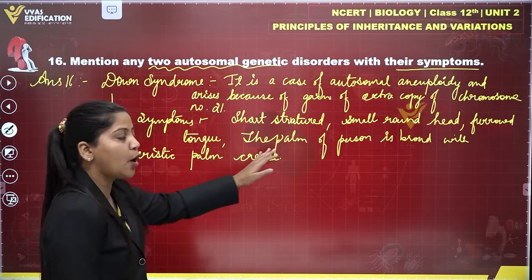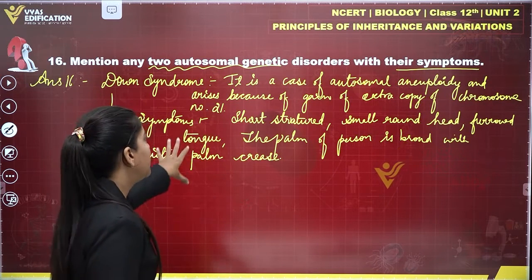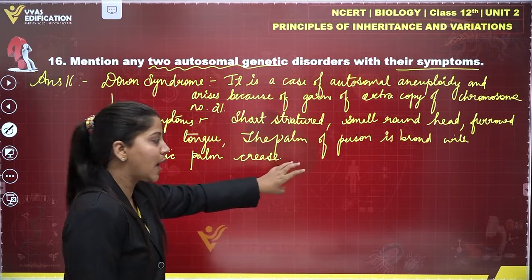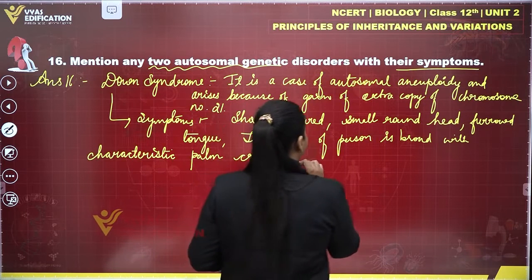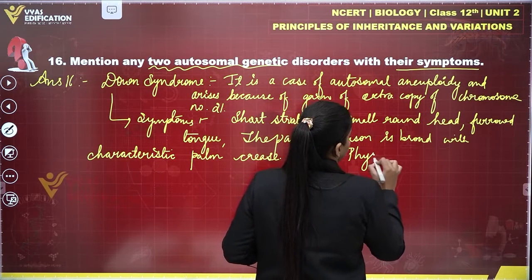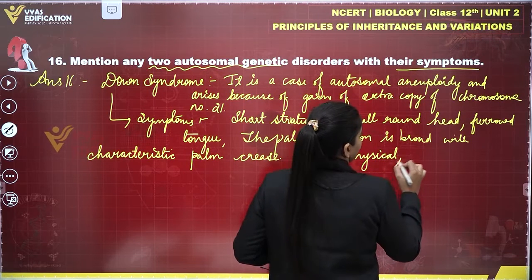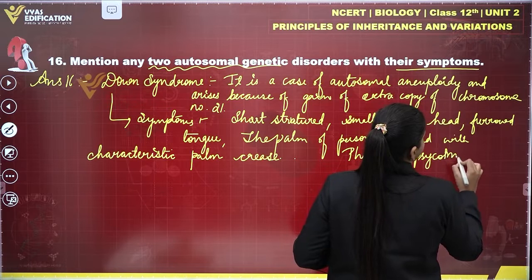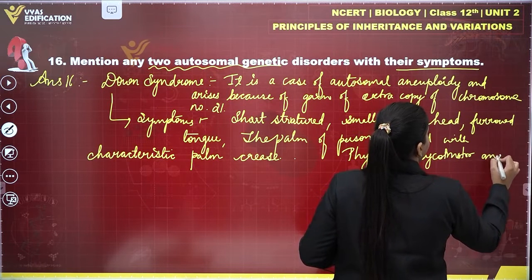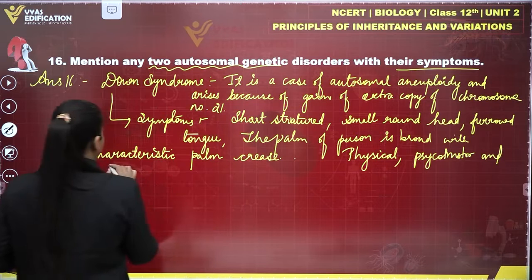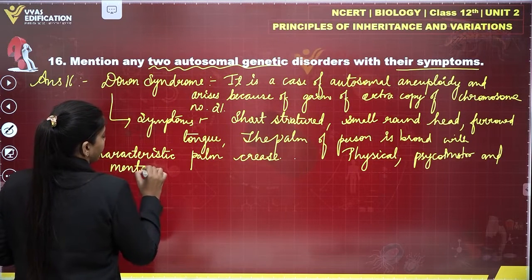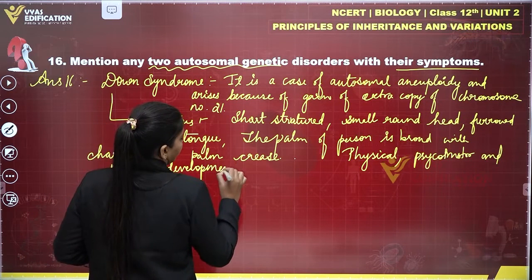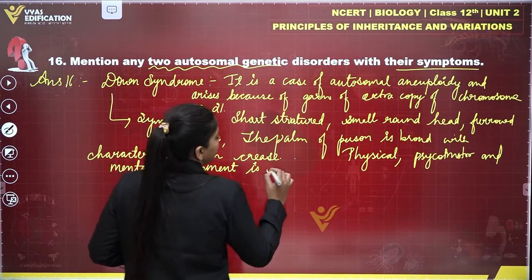The palm of a person having Down syndrome is broad and also has a characteristic palm crease. Also physical, psychomotor, and mental development is retarded in these persons.